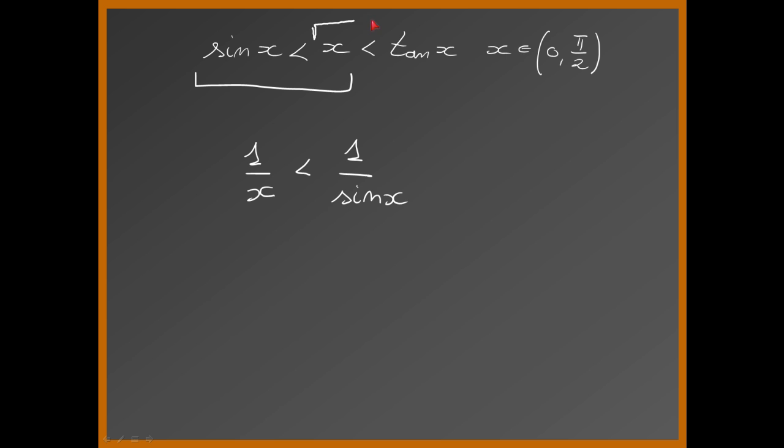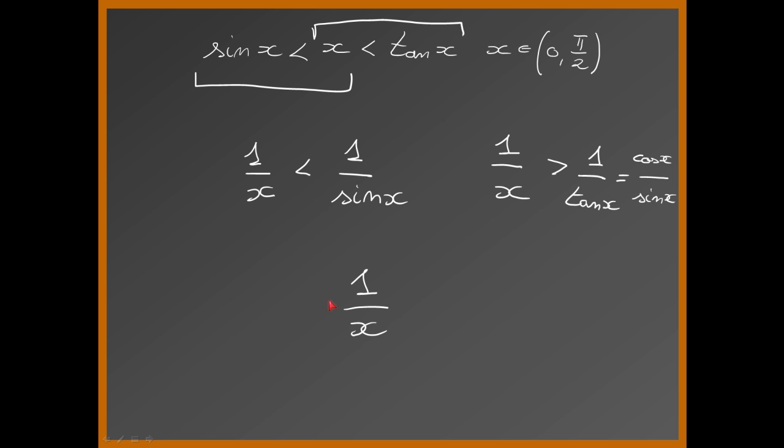Moreover, this inequality implies that 1 over x is greater than 1 over tangent of x, which is equal to cosine of x over sine of x. Summarizing, 1 over x will be greater than cosine of x over sine x and will be less than 1 over sine x.